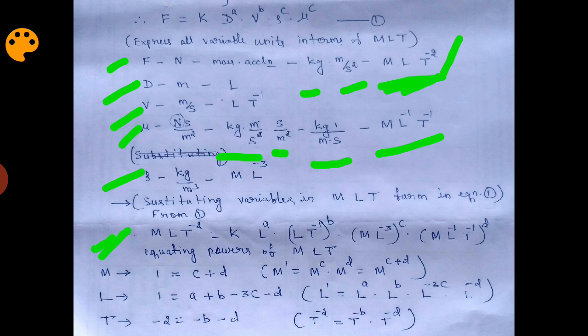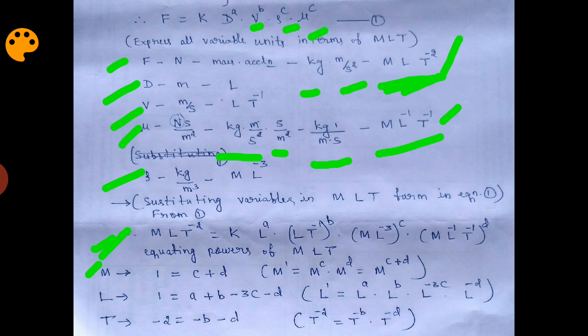In place of d we write L, so we get L raised to a. In place of v, we get L T raised to minus 1, raised to b. Then in place of rho we get M L raised to minus 3, raised to c. Then in place of mu we get M L raised to minus 1 T raised to minus 1, raised to d.